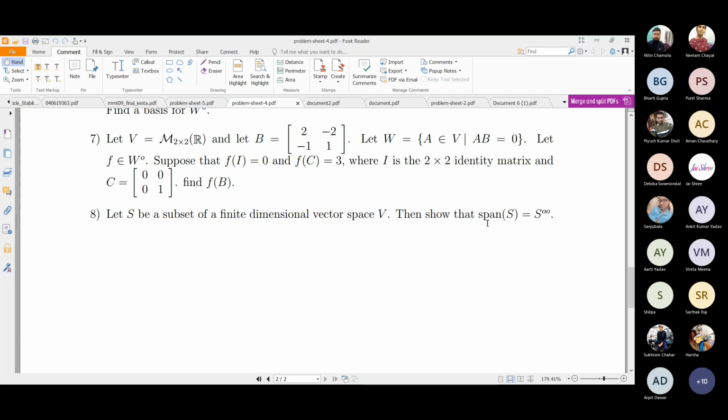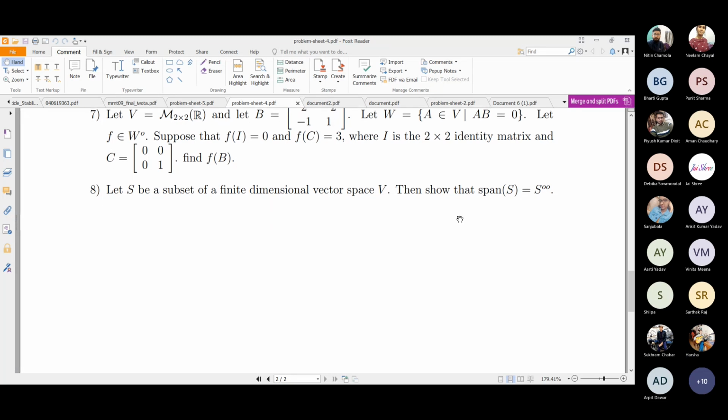Okay. So if S is given to be a subspace, then you don't need to take this span. So how will you, I mean, is it proved in your class lecture? Yes, sir. Yes, sir. Okay. So can you just recall that?